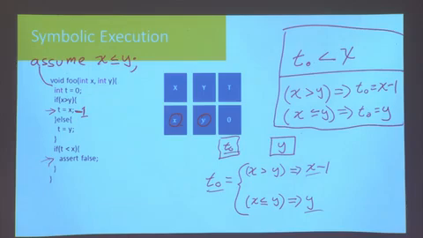So how would we encode that constraint when we are solving for equations? Well, essentially what we have is a set of constraints that tell us whether this branch is feasible. And on top of the constraints that we already have, we need to also make sure that the precondition or the assumptions are satisfied, right?